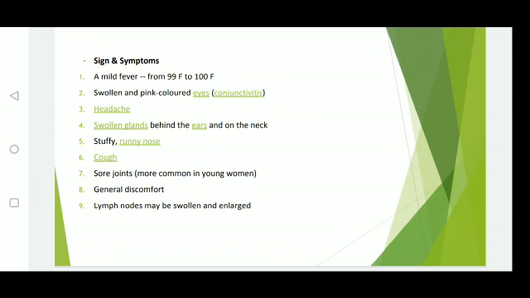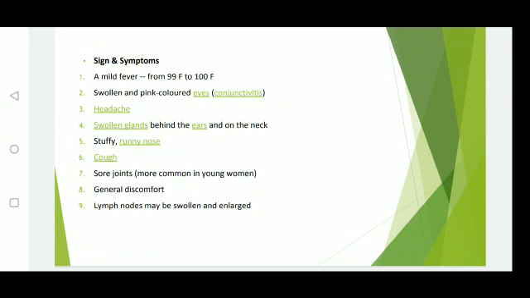So the signs and symptoms of rubella are mild fever, meaning a temperature of 99 to 100 degrees Fahrenheit, and the eyes may become swollen or pinkish in color, which can lead to conjunctivitis. Then headache.